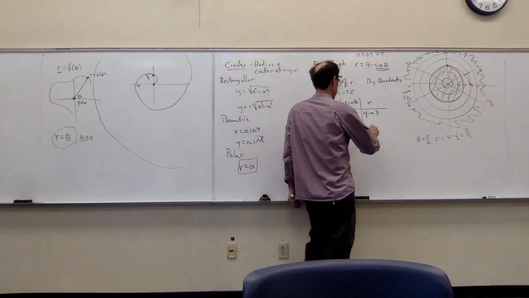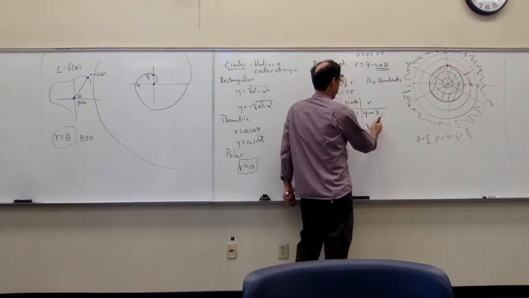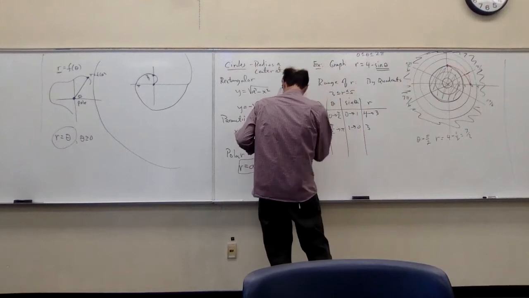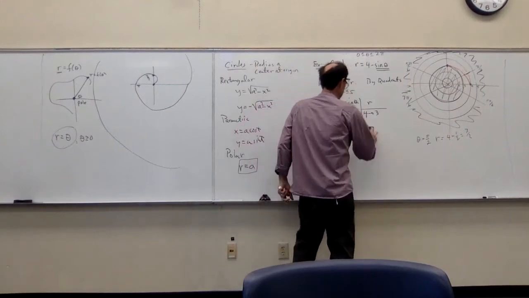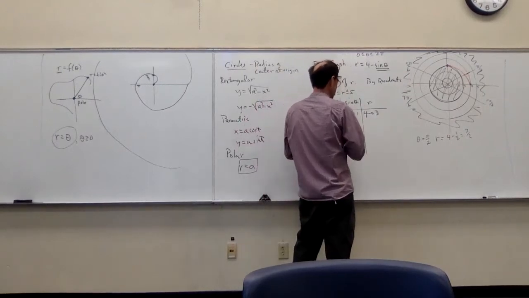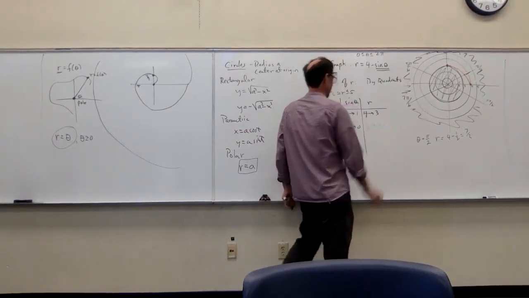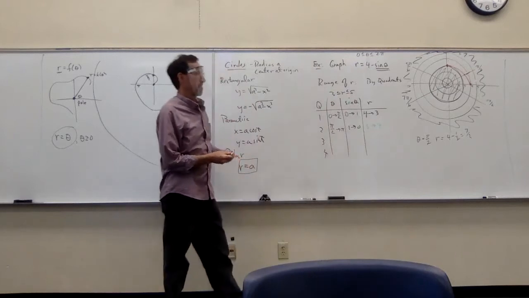And therefore, we'll do this one in green. Our function ended off at 3, so it's going to start at 3, and it's going to work its way back to 4.